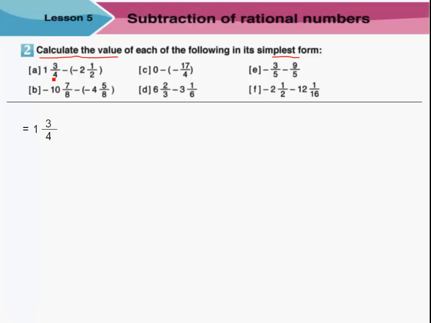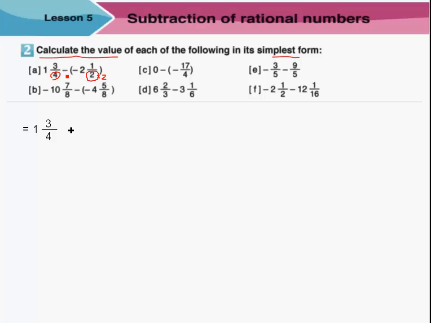First, compare between the two denominators. Here is 4 and here is 2. Which is bigger? This one 4 and this is 2. Ask yourself, is it possible to change 2 to 4? Yes, if you multiply 2 times 2, it will be 4.